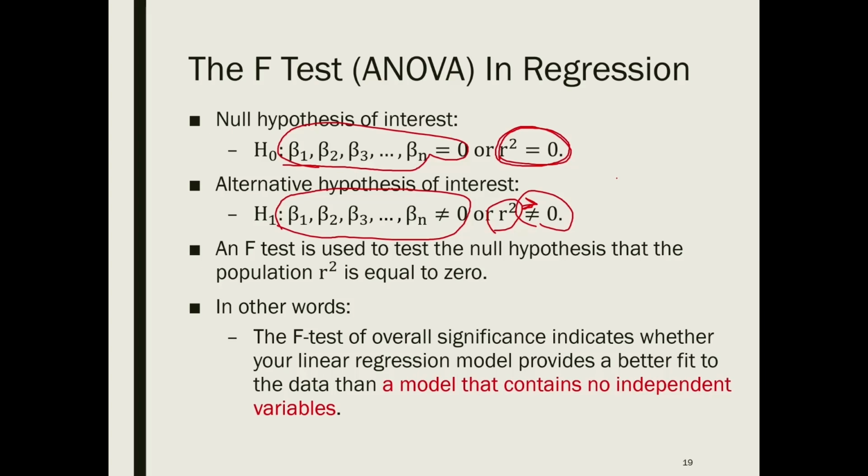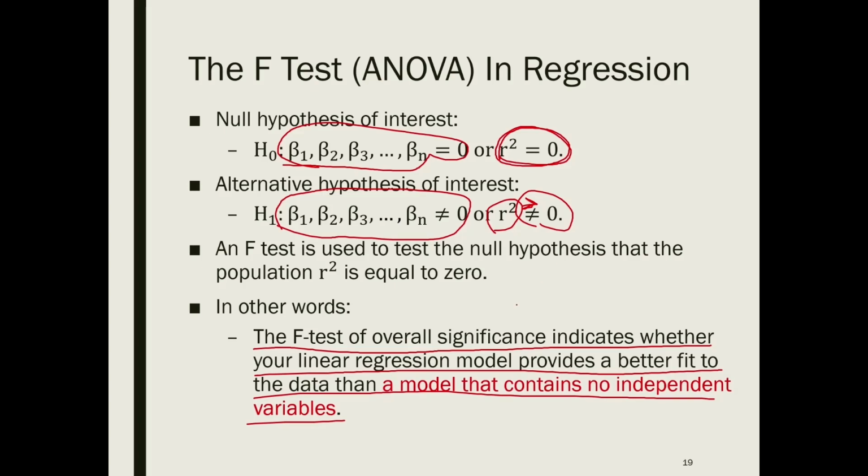Okay, so in other words, I'll give you an easy way to understand the F-test. The F-test of overall significance indicates whether the linear regression model provides a better fit to the data than a model that contains no independent variables.